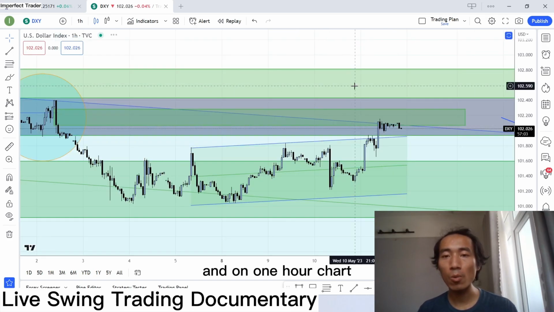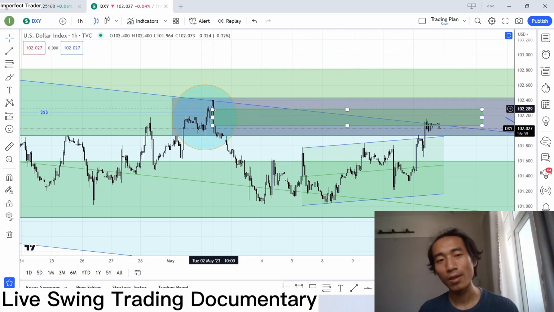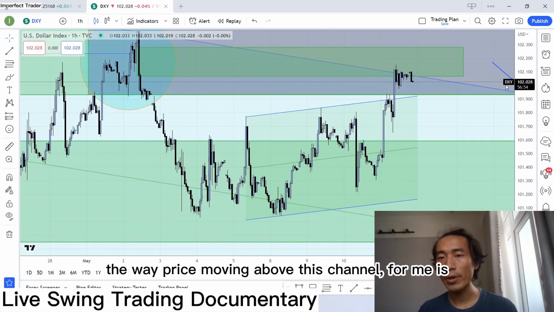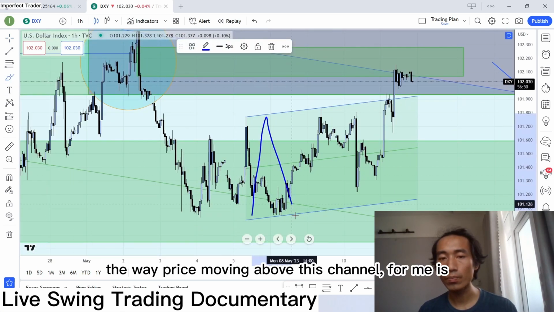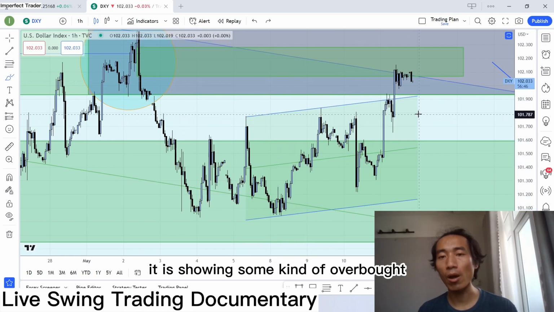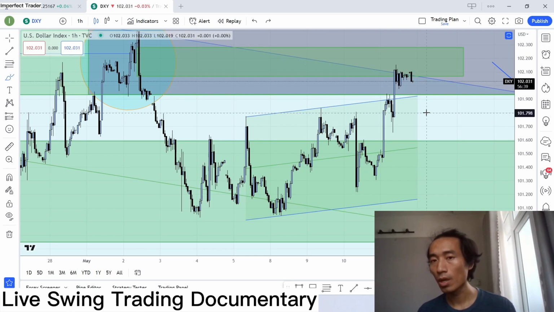And on the 1 hour chart, we actually have the fair value gap right here. So with price moving above the channel, for me it is showing some kind of overbought, and we can also say that it's overvalued right now.